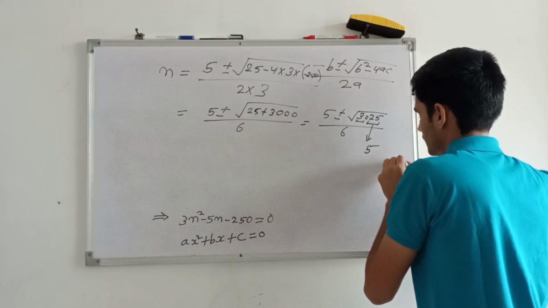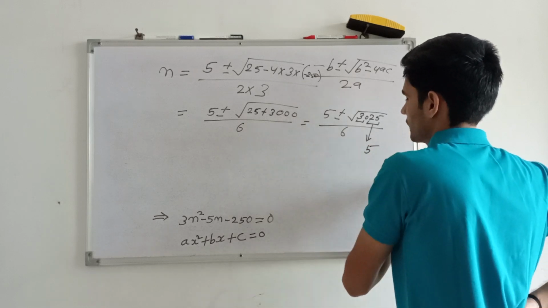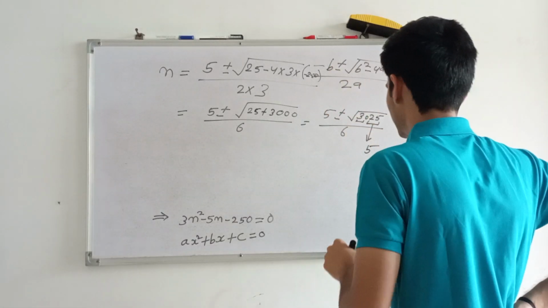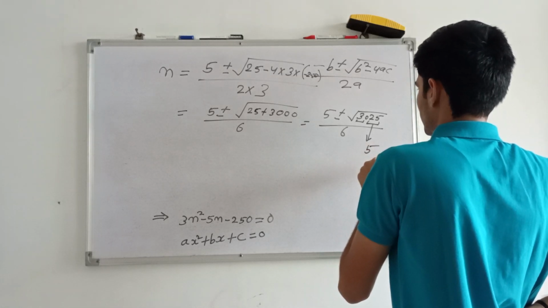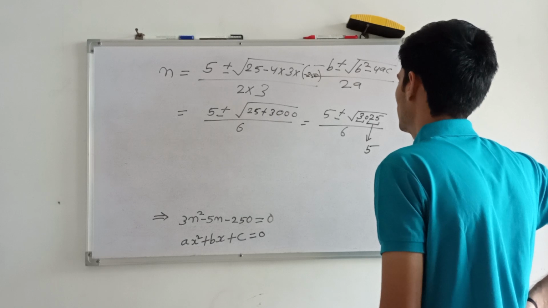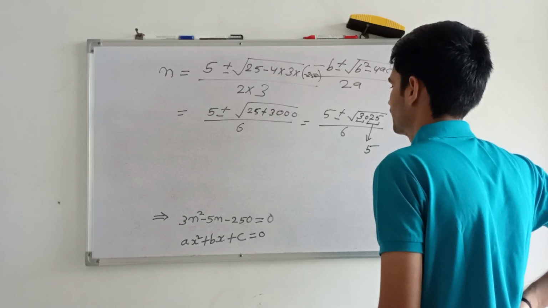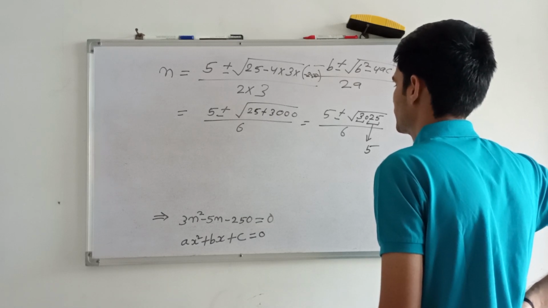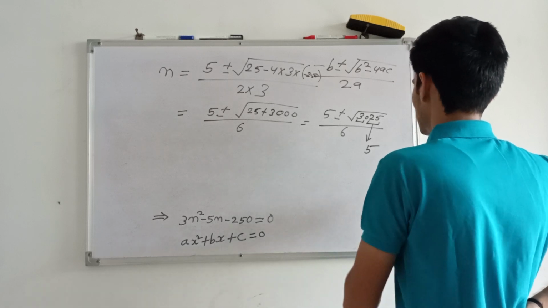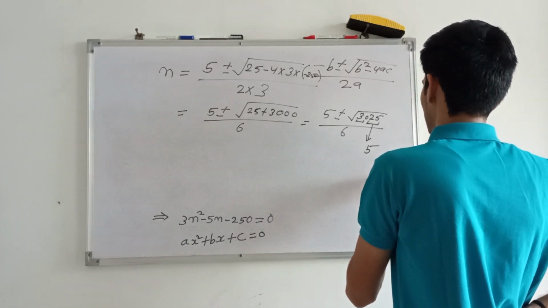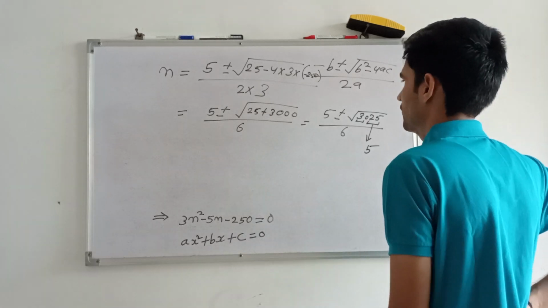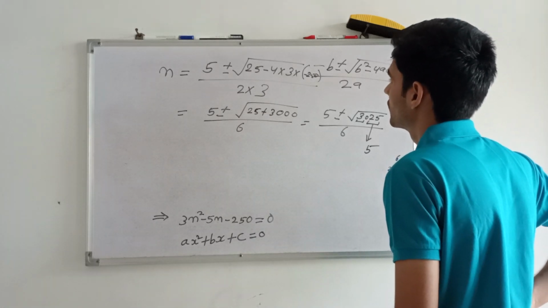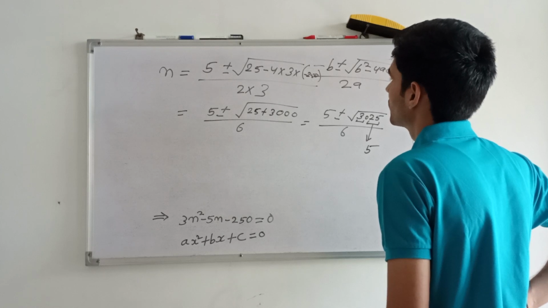How can we write 6 into 5? No, what is the square root of 3025? Is it 25? No, 25 squared is 625.